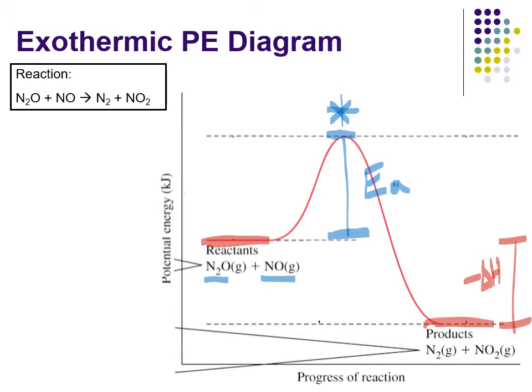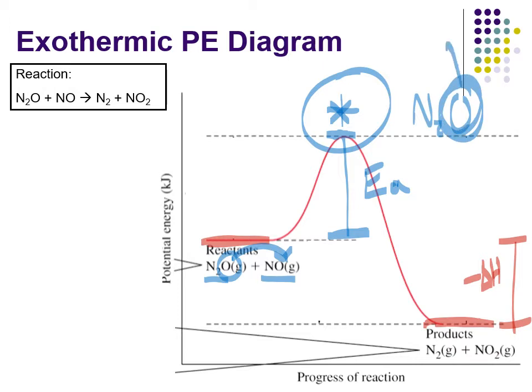N2O is reacting with NO, and so essentially we are moving the oxygen from this molecule onto that molecule. So this activated complex would be some sort of thing where your N2O is breaking off that oxygen and is getting attached to this already existing NO, and it's sort of this thing that exists that's really high in energy that is halfway between what it was and what it's going to be.